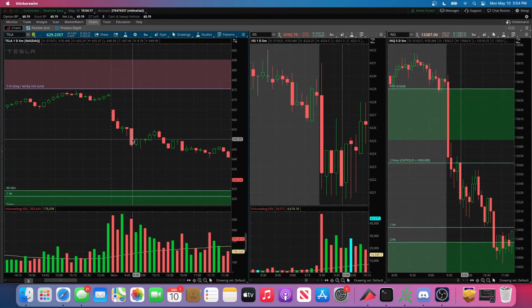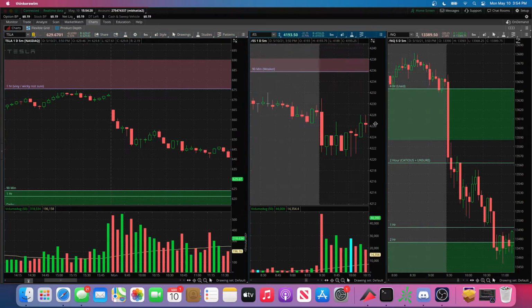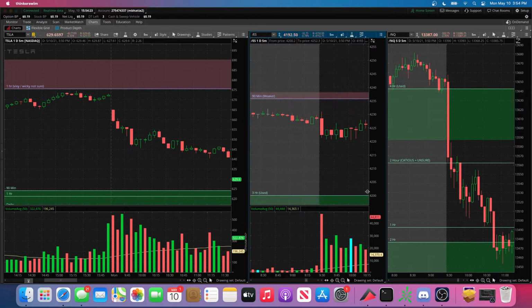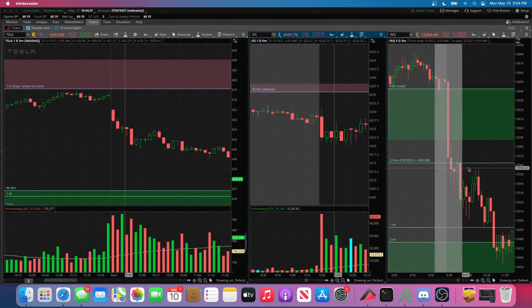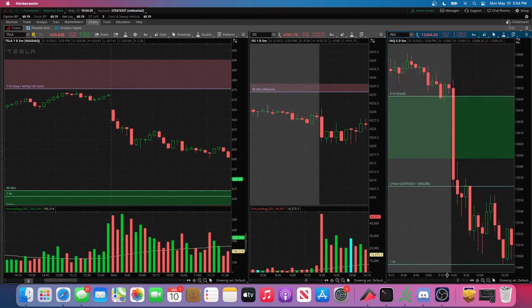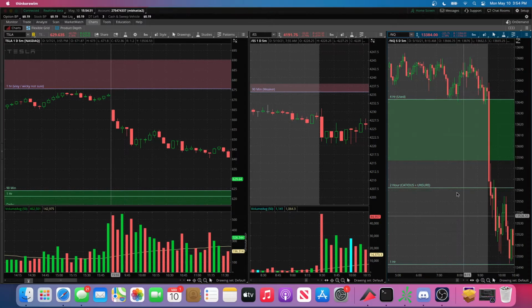But I didn't take the 650 break, mainly because, yes, I know ES didn't have demand all the way lower, 4193, so it actually just broke this demand zone, but ES didn't have demand, but look where NQ had demand. I was pretty cautious about this zone, just because of its weird formation, but still have to respect the fact that we're in a demand zone. This is the first test of a demand zone, so I don't want to enter puts right here. So that's why I avoided this 650 break.